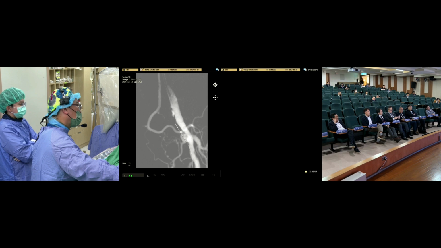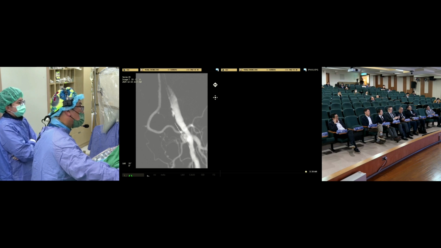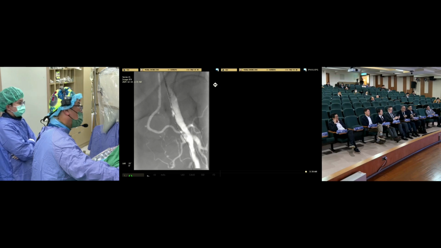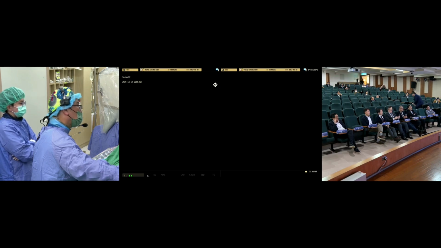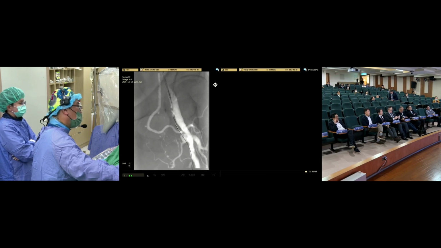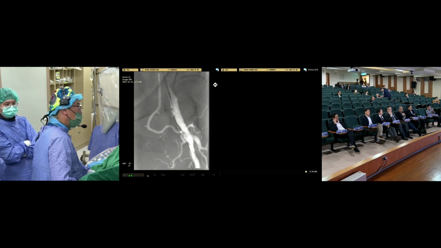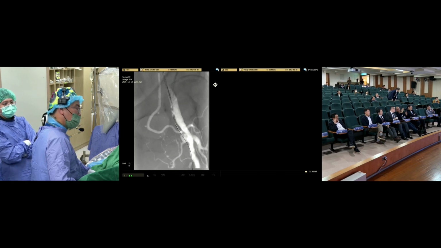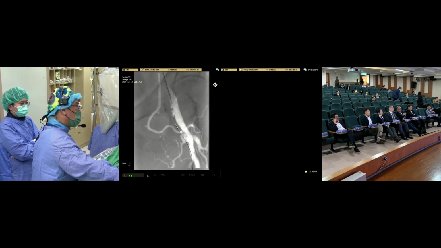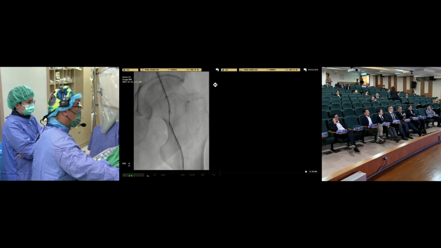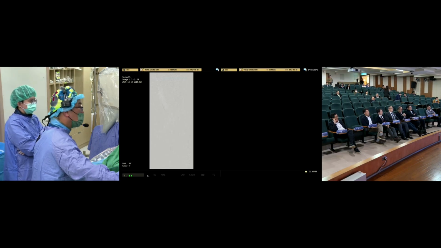With that, I tried my wire. For the antegrade wire, we use either a Gravius 01A or Astato 40 to recanalize, but there is some distance to the lesion.